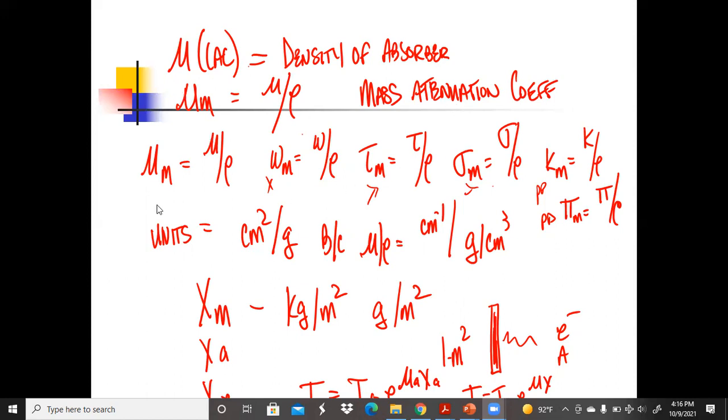So again, here, once you start introducing rho, you can see how things change. You can see that the mass attenuation coefficient for a particular value divided by rho is going to end up being spelled out differently with the different types of reactions. And we need to be able to account for that. So I don't want to go too in depth here with that, but that's what's going on.